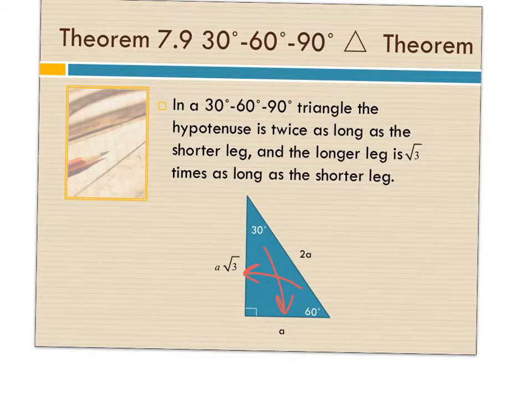And then opposite the 90 is 2 times A. So the setup of it is sheer memorization. You have to know those relationships. And then comes the application of it. If you're given a measurement, how do I find the other ones? So 45 is A root 2. 30, 60, 90 is A root 3, and 2A.